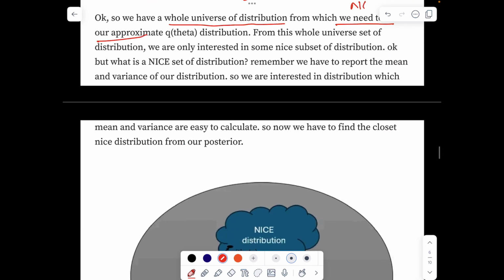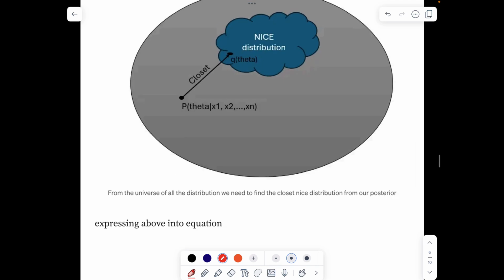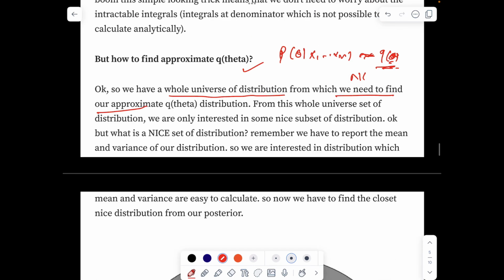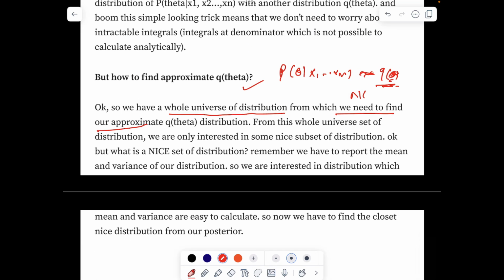Remember, we have to report the mean and variance of our distribution, right? A nice set of distributions usually means some standard distributions whose mean and variance you can easily compute, because at the end what we wanted to get is the mean and variance of this theta.